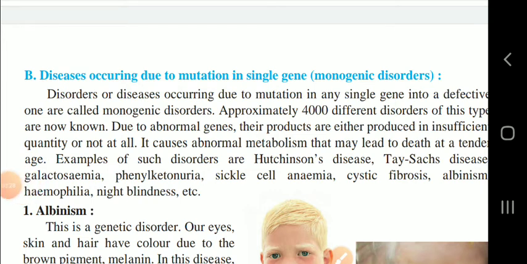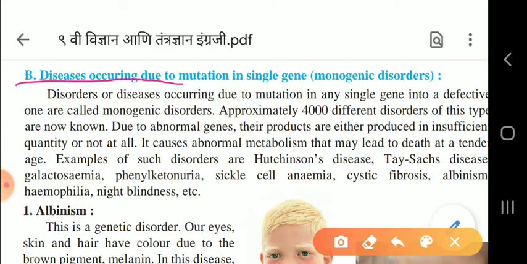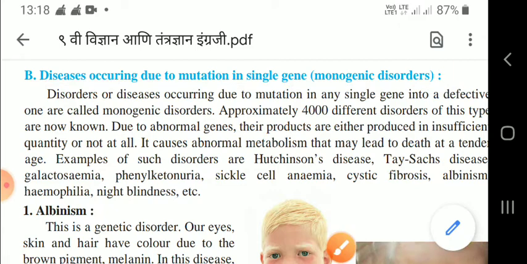So, children, now we are going to continue with the explanation part. Let us see diseases occurring due to mutation in a single gene. We will see here how the mutation occurs due to a single gene. Disorders or diseases occurring due to a single gene, we can see, affect into a defective one, and that is called a monogenic disorder.